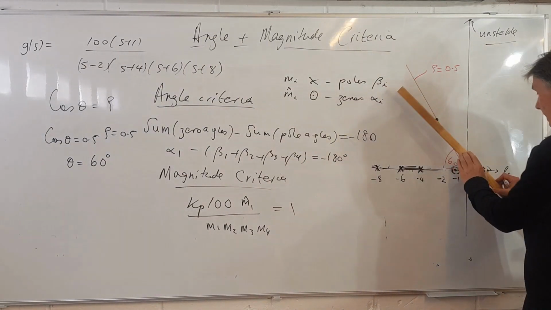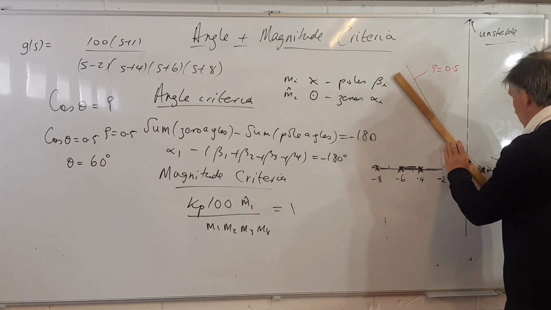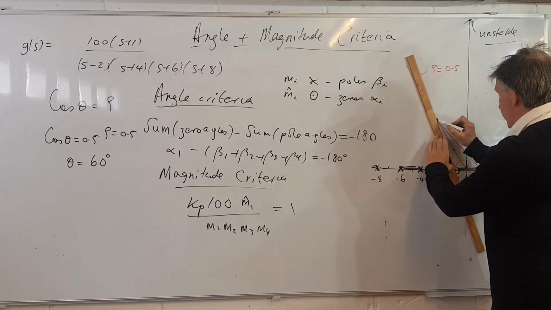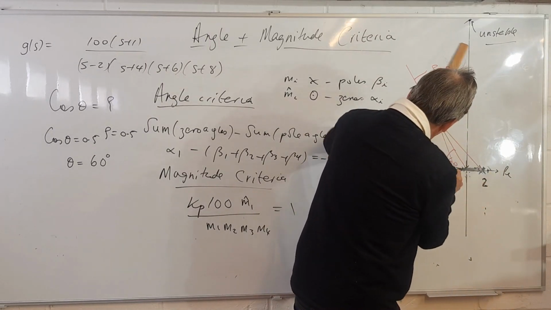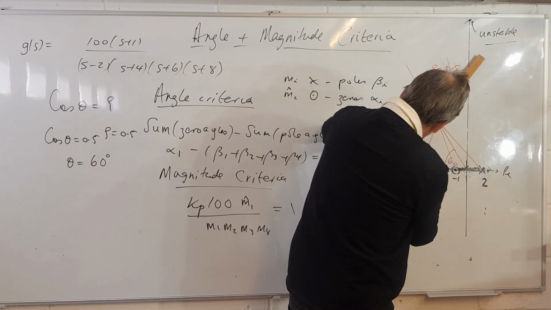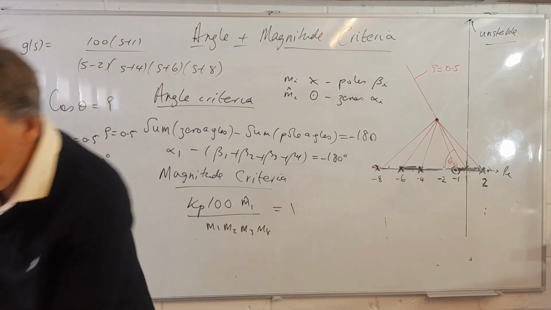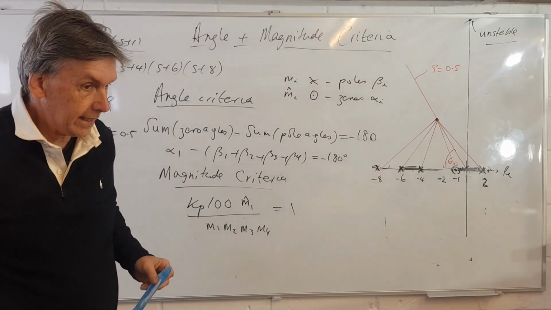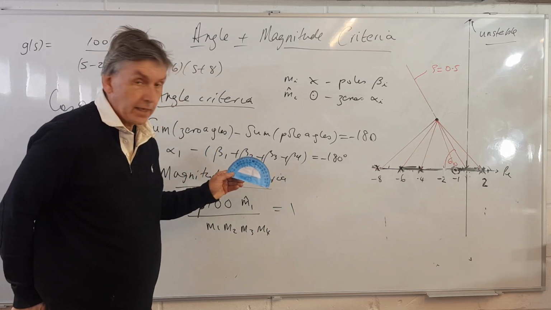So we draw lines from the guess point to our poles and zeros. Like that. And then we take our protractor and we start to measure the angles.